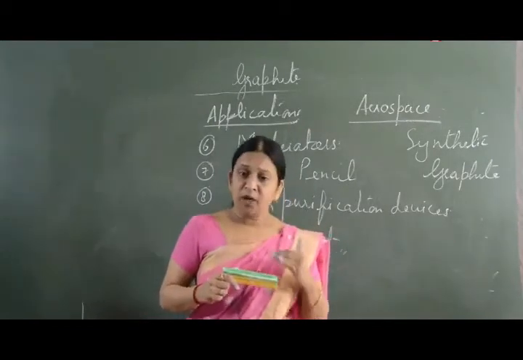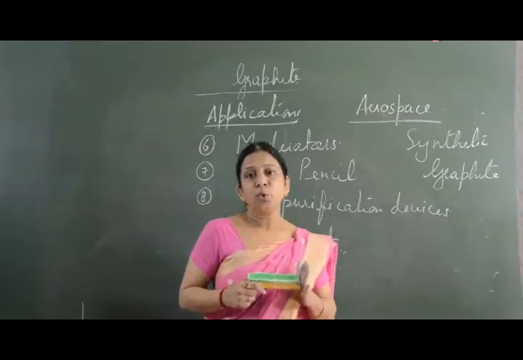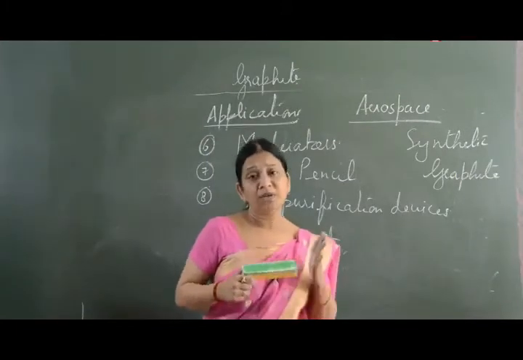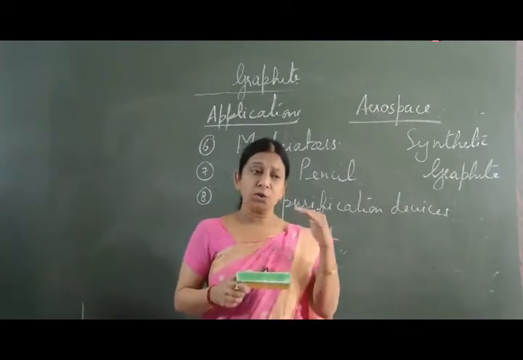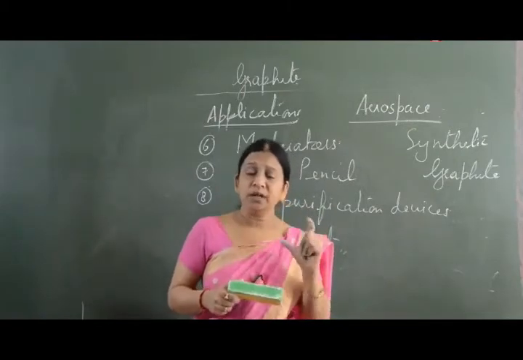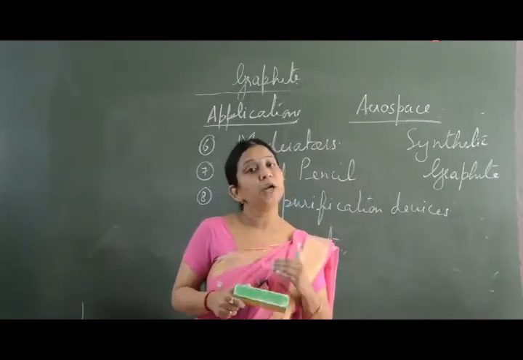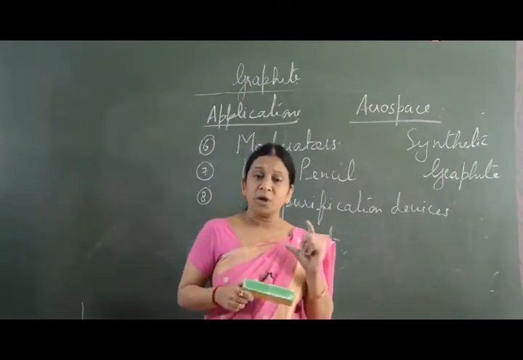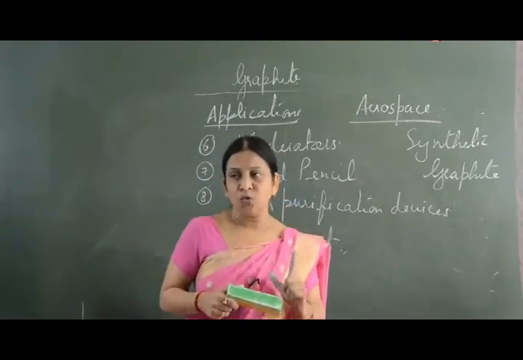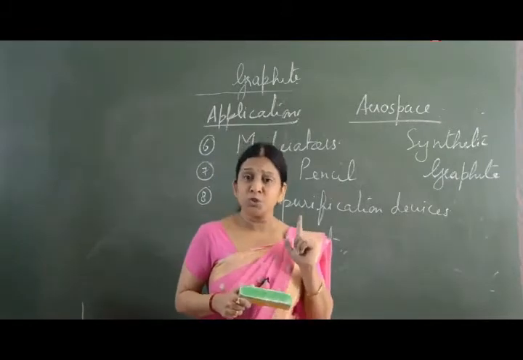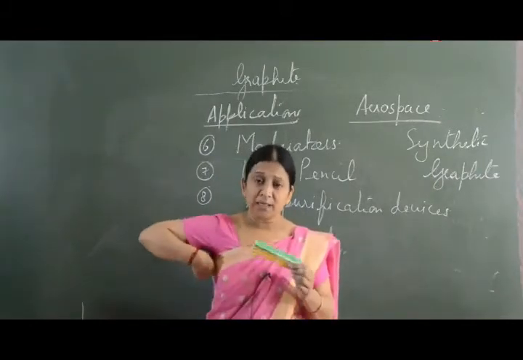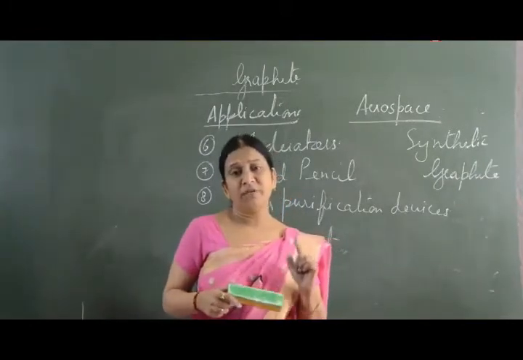When we come to the structure, it has a 2D planar structure. The carbon is sp2 hybridized. It has a layered structure. Within the layers the bonding is covalent, and between the layers the bonding is van der Waals force of attraction. Because within the layers the bonding is covalent, it gives a firm structure to graphite, and as a consequence the melting point of graphite is very high.